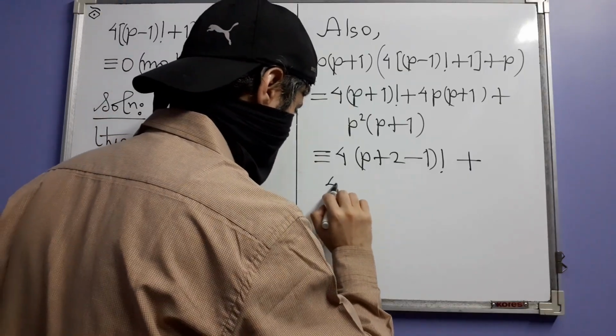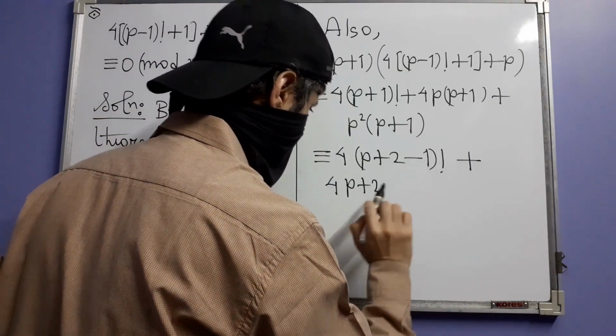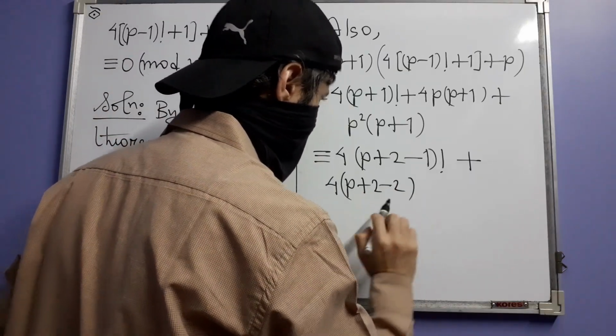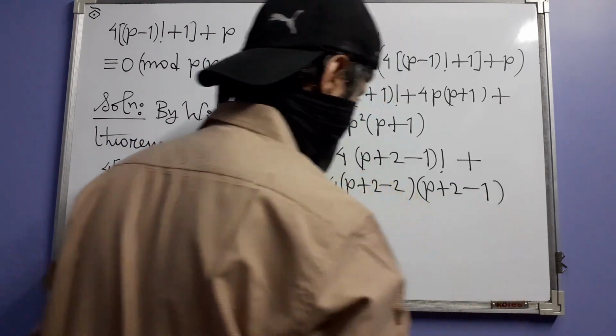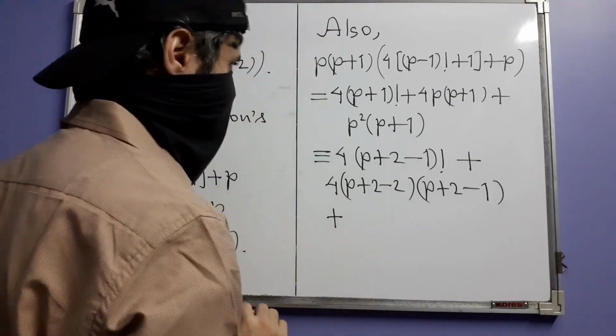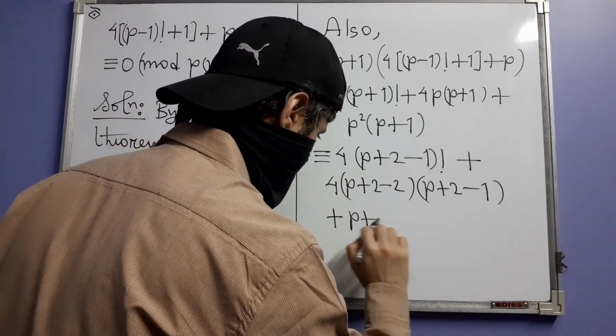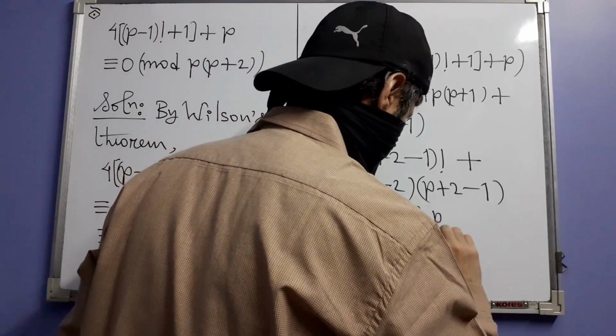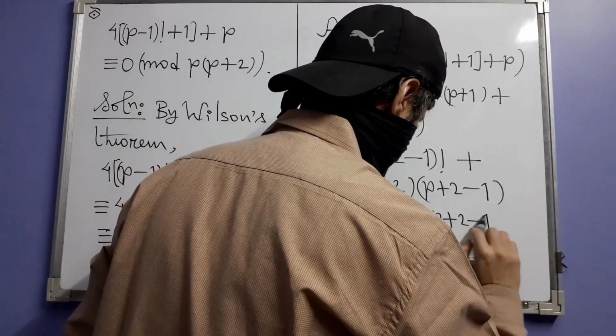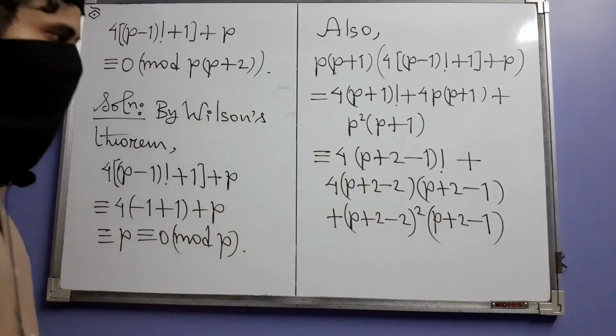What about this? We can write p plus 2 minus 2 times p plus 2 minus 1. Similarly here, p plus 2 minus 2 square times p plus 2 minus 1.